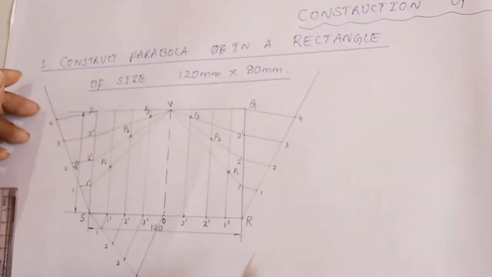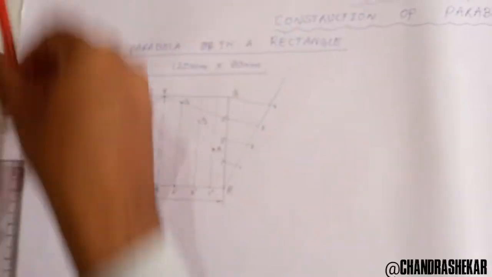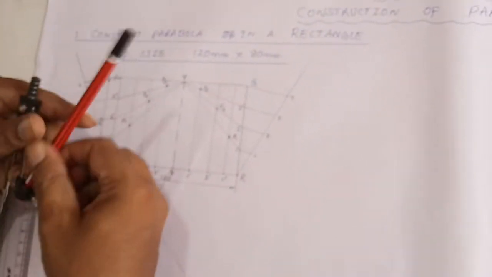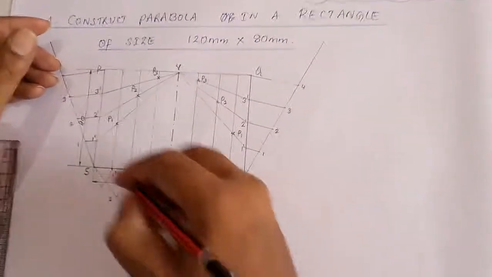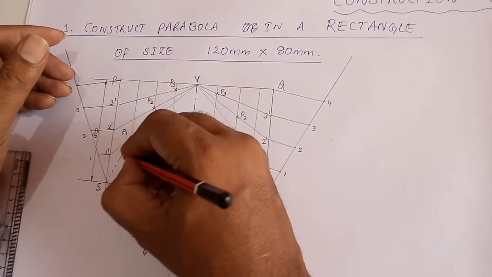After naming all these, join the points by a smooth curve. Join all the points by means of a smooth curve. First, we are going to put dotted lines like this.